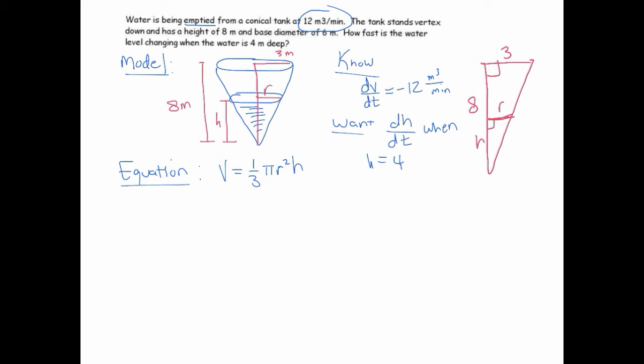We can make a proportion here because one leg of this triangle divided by the other leg is always going to be R over H. So 3/8 is R over H. And so what we can say is that R equals 3/8 H.